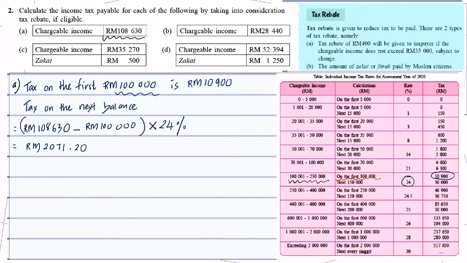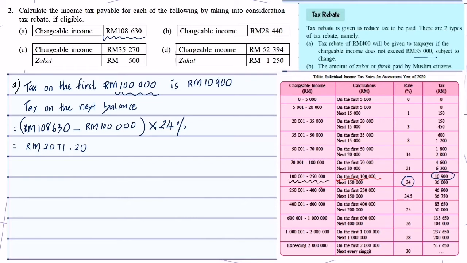So now, got any eligible rebate? No, right? Because the chargeable income is more than 35,000 and no zakat, right?